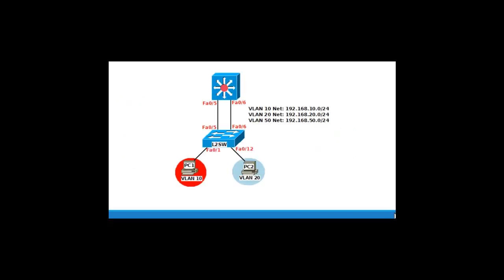All right, so here's the topology I'm going to be working with for the SVI. You notice in my earlier picture I just had two PCs off. It was just a simple, okay, we can have some VLANs off here, we can route between them. Here I'm going to take what I would consider general practice.